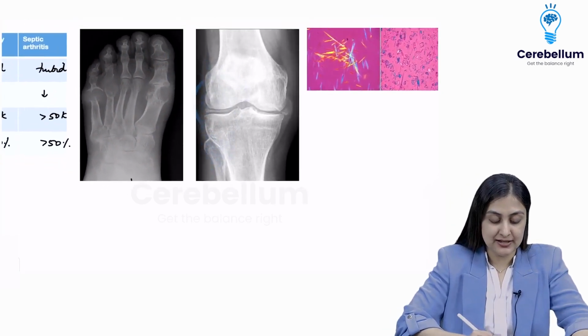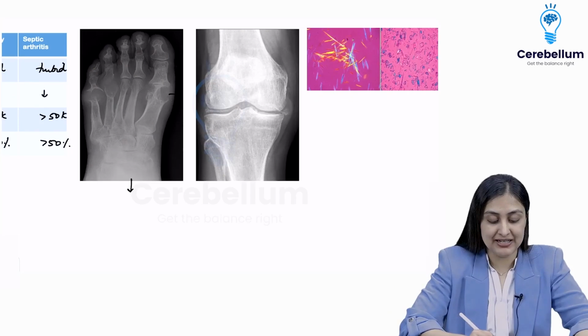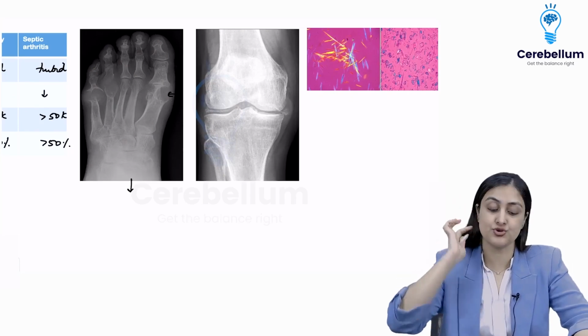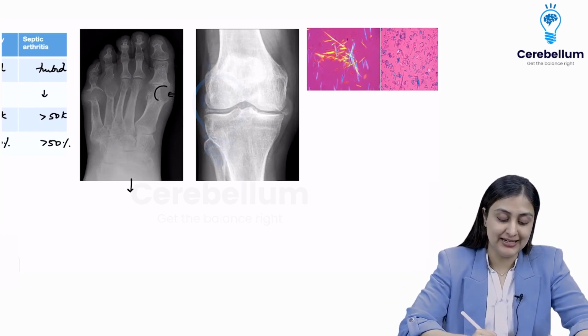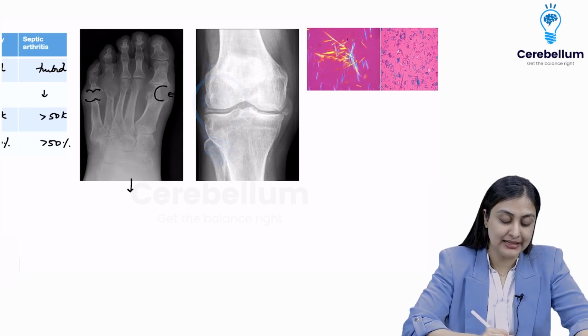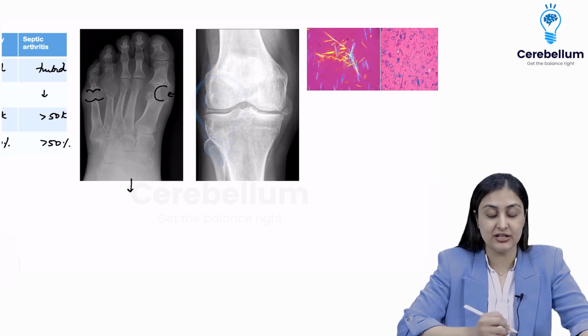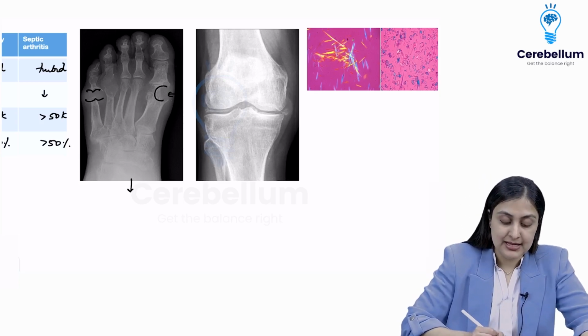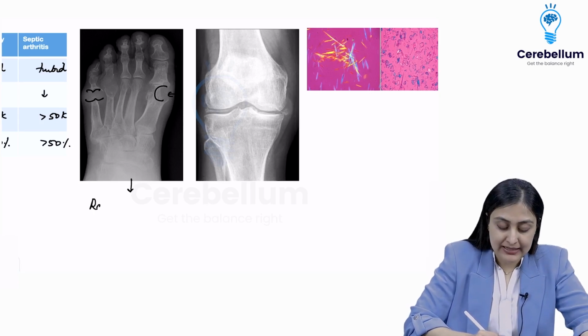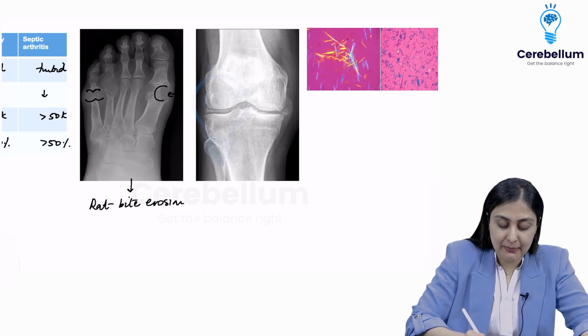Talking about two crystal arthropathies right here. Whenever the first metatarsophalangeal joint is shown in a male patient, elderly male, alcoholic male, after an episode of binge drinking, with acute pain and redness of the great toe, this is your rat bite erosion. Large erosions with overhanging margins are known as Martel's sign.